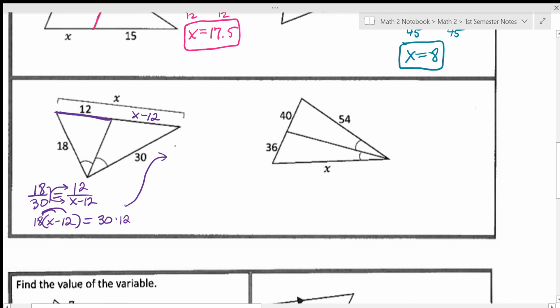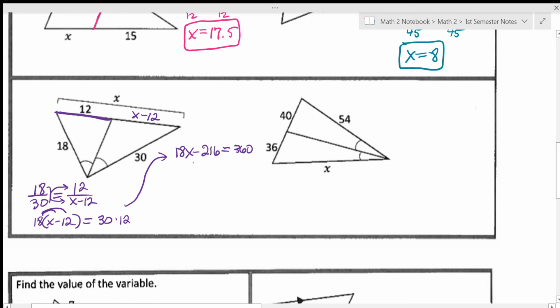I'm going to have 18x minus whatever 18 times 12 is. 18 times 12 is 216, and that would be equal to 12 times 30, which is 360.